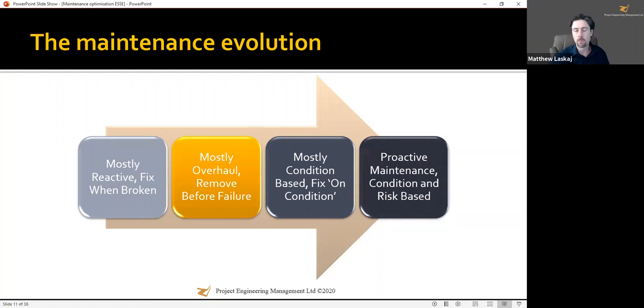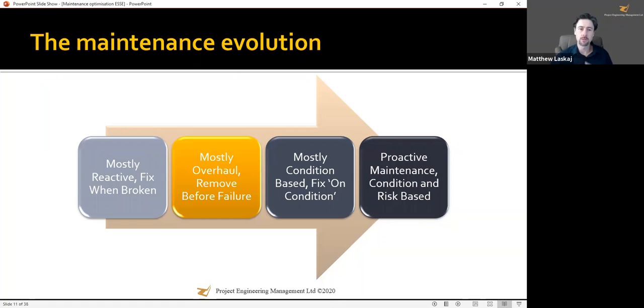Then when the war came along, everything changed. Pressures increased dramatically. No longer could we not worry about maintaining our equipment, because now if our equipment broke down, we're not going to make enough weapons, aeroplanes, all these things that you need for the war.